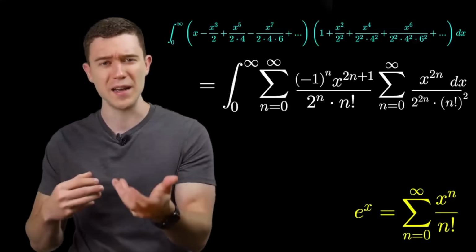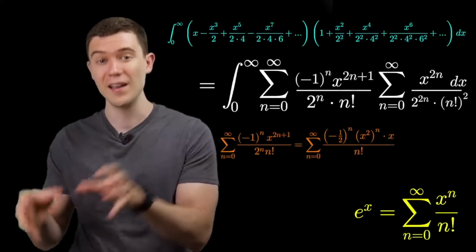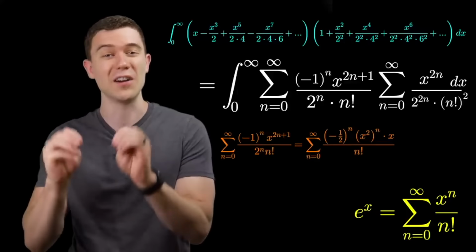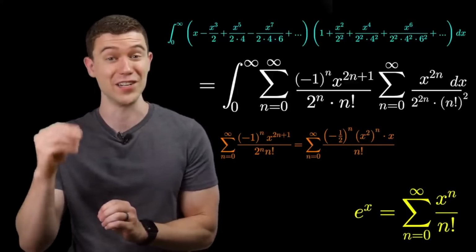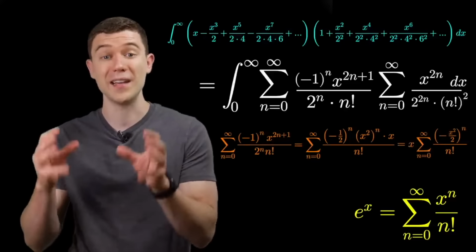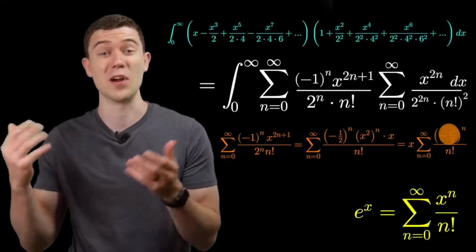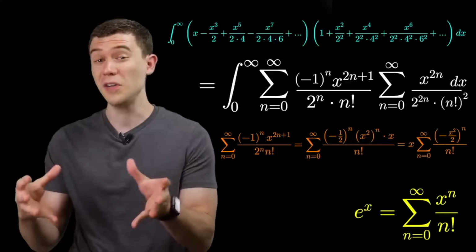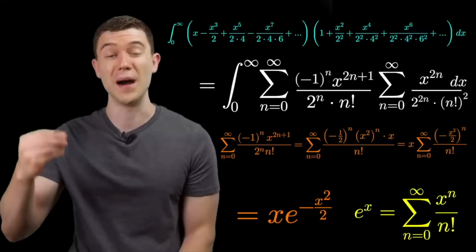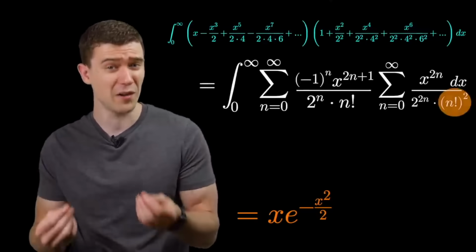Let's combine the negative 1 to the n over 2 to the n along with the x to the 2n, taking out that x to the first, and we can rewrite this in terms of a power series representation of e to the x. We can take that extra x out front, and what we have is e to the x, but it's not x on the inside, it's minus x squared over 2 on the inside. So really this first sum is a fancy way to write x times e to the minus x squared over 2. That second sum has an n factorial squared in the denominator.